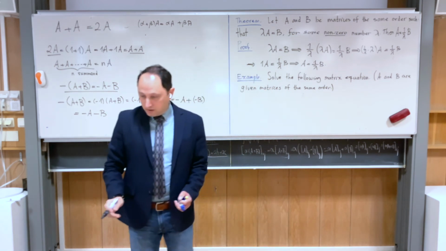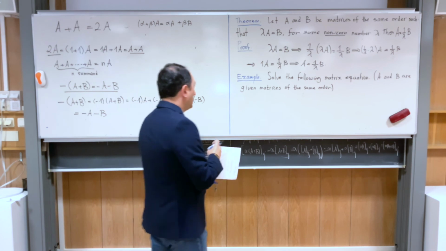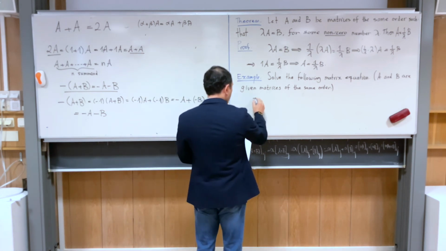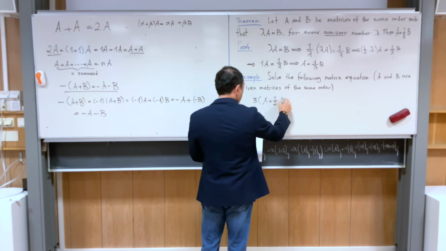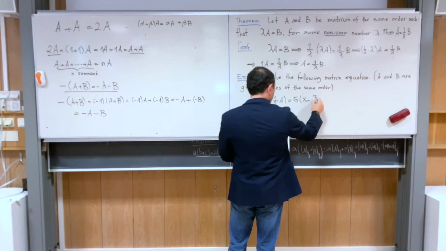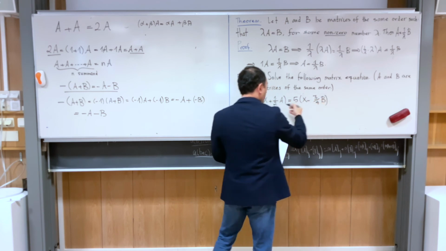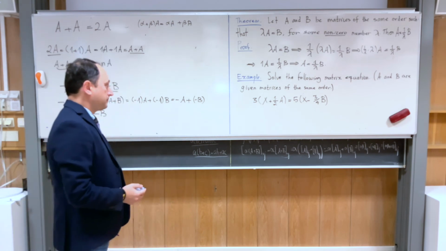So let me write this equation for you here. The equation, I have chosen it from this book that we are following. 3 times (X plus 1 over 2 A) is equal to 5X minus 3 over 4 B. I want to solve this equation and find the matrix X.